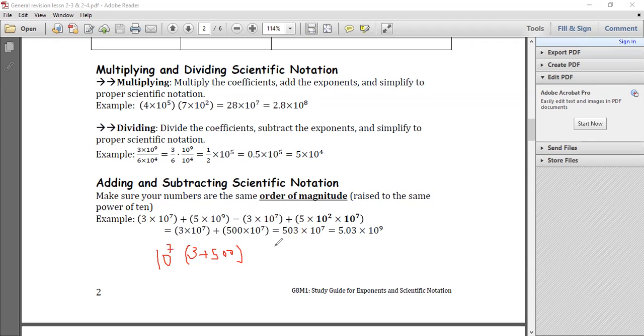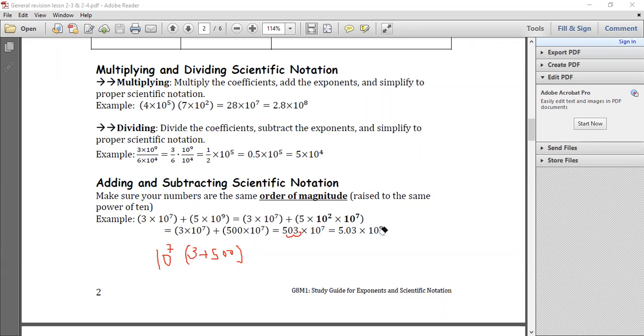For this reason, you have 503 times 10 to the power of 7. But again, this number doesn't belong to scientific notation. So we have to put the decimal point, and I'm going to move it to the left 2 digits. Once you move to the left 2 digits, you add 2 to the exponent 7. By the end, the answer will be 5.03 times 10 to the power of 9.